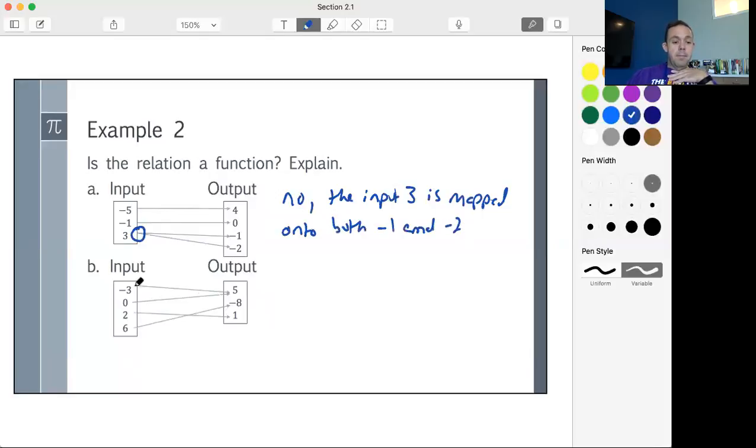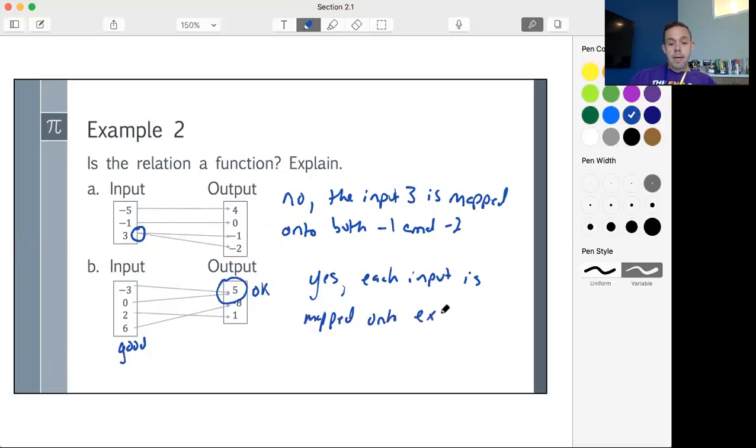All right, this next example, -3 has 1 spot, 0 has 1 spot, 2 has 1 spot, 6 has 1 spot. That's good. It's okay that 5 has 2 arrows. That's okay. So this is yes. Each input is mapped onto exactly one output.